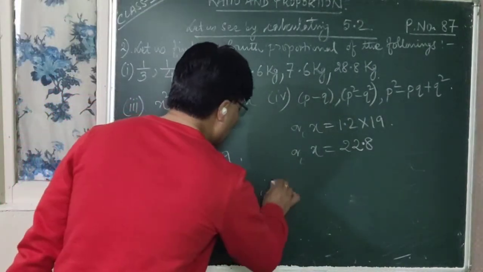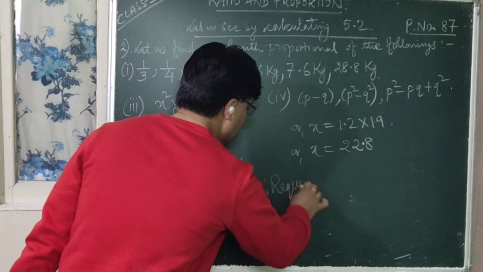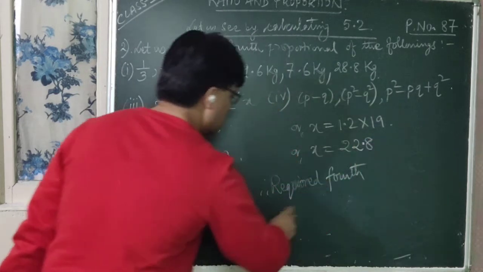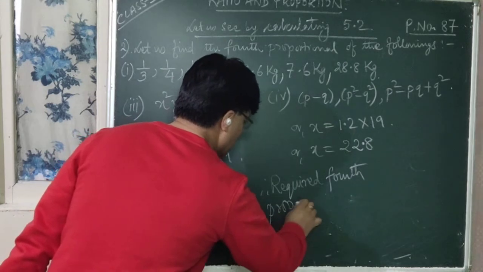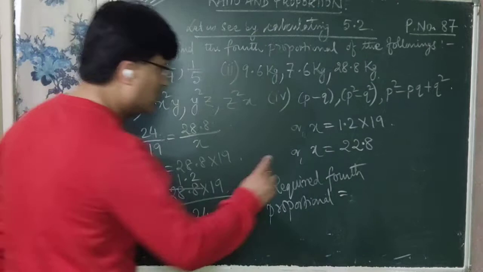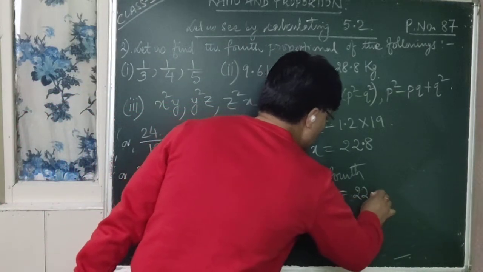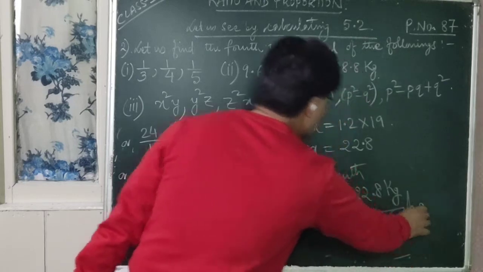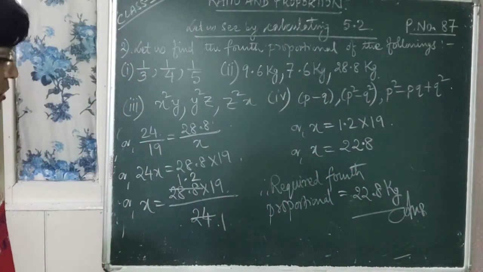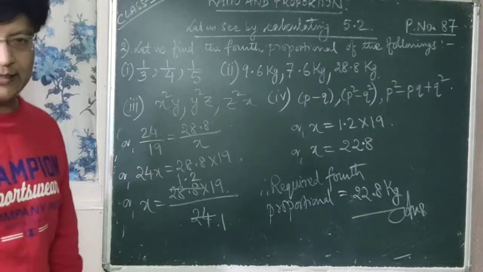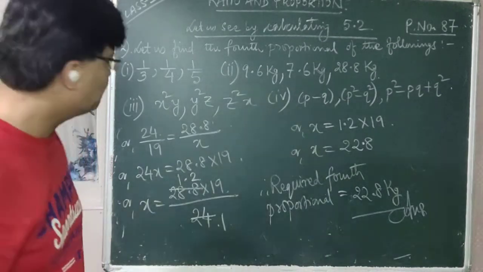So therefore required fourth proportional is equal to, what is the answer out here? It is 22.8 kg. So this is the required fourth proportional, which is equal to 22.8 kg. Is that clear now?